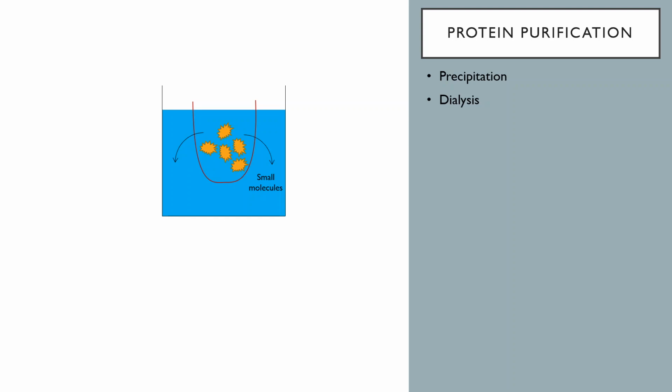If you put your protein precipitate with the salt into a container of water, which in turn is in a dialysis bag, the dialysis bag is basically just a thin membrane that is porous enough that it allows small molecules like salts to go in and out, but not so much that the large protein molecules can escape. So if you put that into a beaker of pure water, then the salts will diffuse out and the proteins will be left behind.